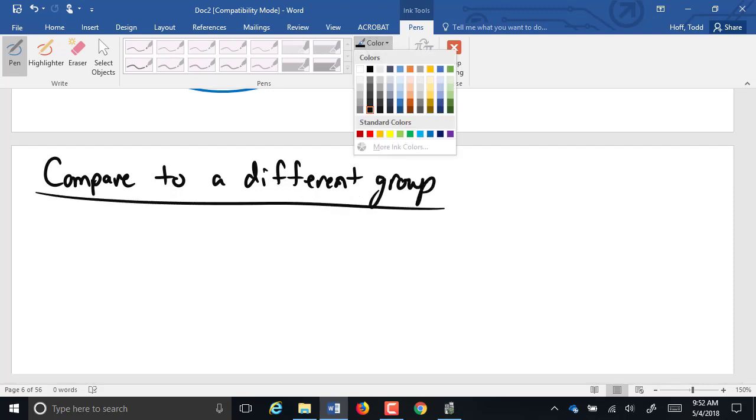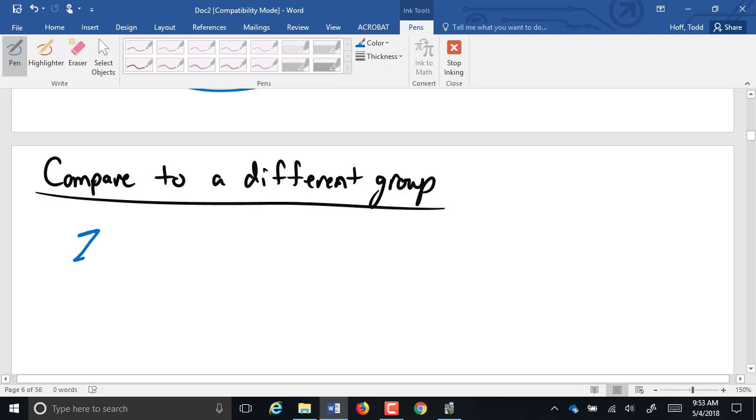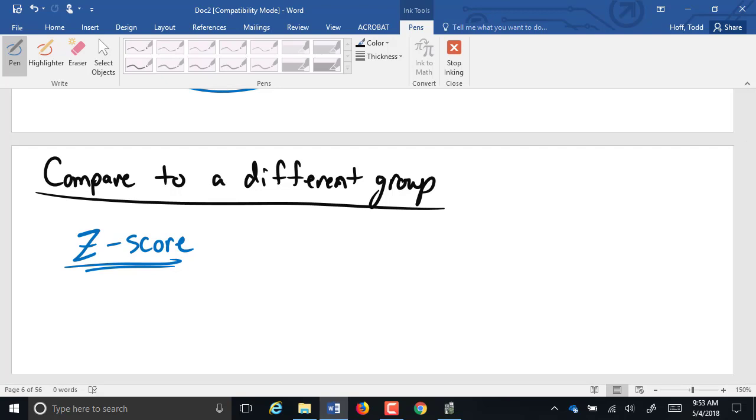Well, to compare to a different group, we use something called a z-score. And a z-score works on a similar concept of what we did up above. I'm finding those percents, that empirical rule that we just did. But what it does is allows us to compare one bell curve to the next. This is sometimes called normalizing.